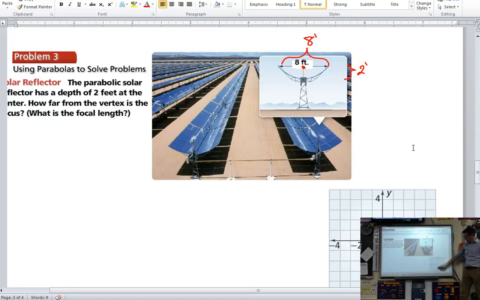So I'd start your parabola 2 down. Now if it's 8 feet wide, what's another point that we would know to place on? My solutions would be positive 4 and negative 4.